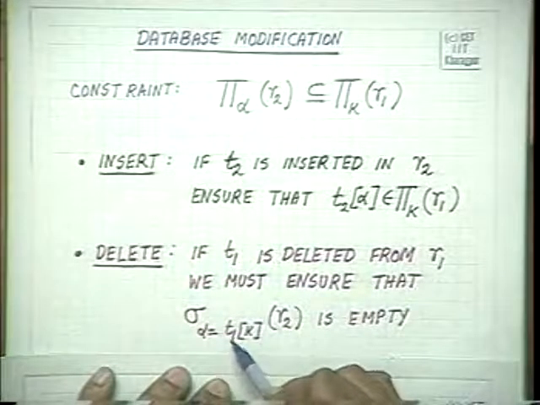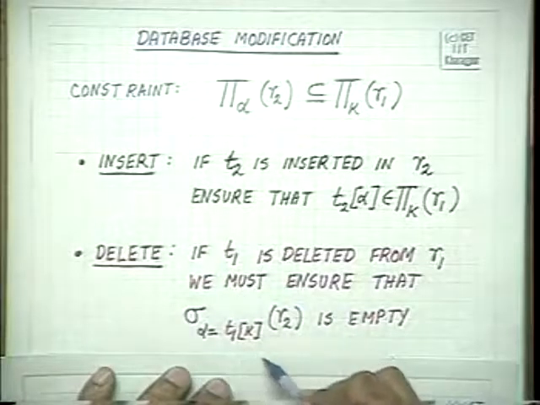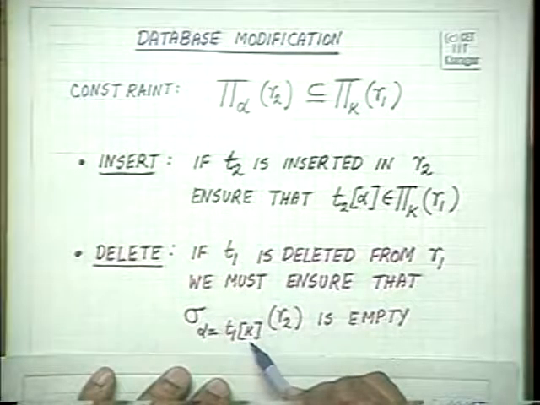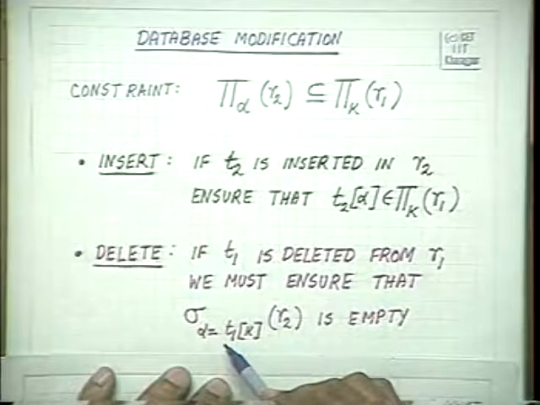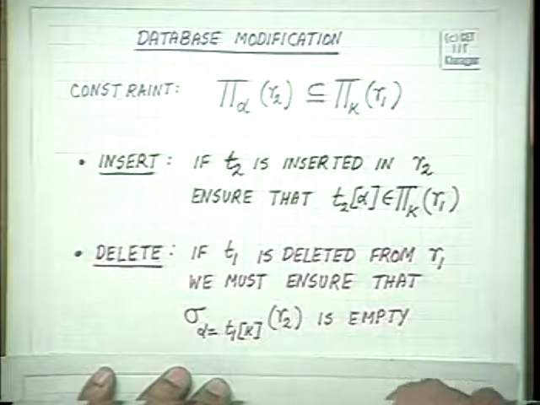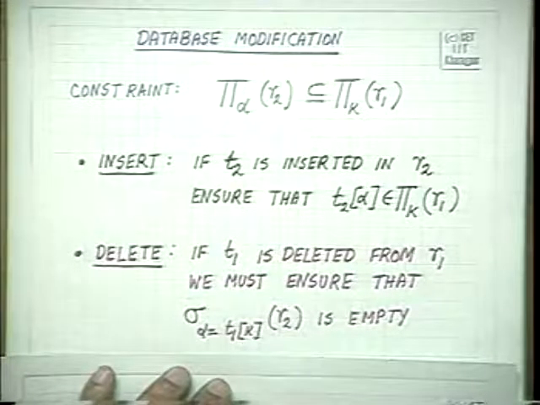Therefore, if we select out those tuples which have alpha equal to T1 of k, that set must be empty, because if that set is not empty, we will have an inconsistent situation, that is, we delete an element from the relation book and we still have some accession number in borrow for that book.